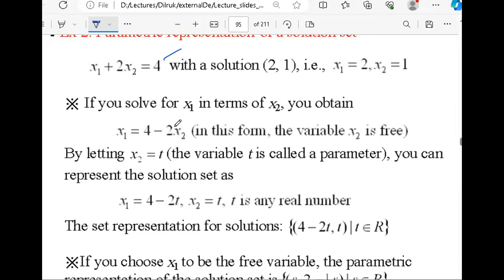This is a variable, and you can insert any value for it, so I put a letter for that: t is a parameter. When you change this parameter, you get the solution of x1 according to that value. Like that, t is a parameter that belongs to the real numbers. There are infinitely many solutions.